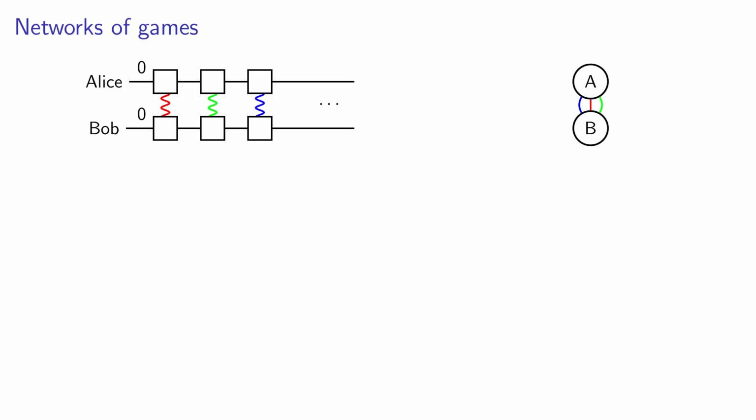Okay, so let's see an example. Here Alice and Bob both get zeros as their input, which means that they need to produce agreement. Let's say that they produce both ones. Two ones means that they need to produce now disagreement, so maybe Alice produces 1 and Bob produces 0. And again now we are in the case where they need to produce agreement, so say they produce zeros.